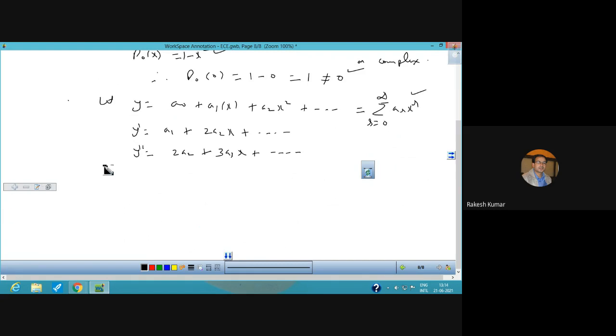Now you can substitute the values in equation 1. So put y dash, y double dash in 1.